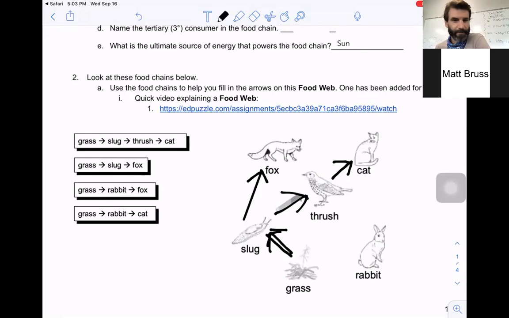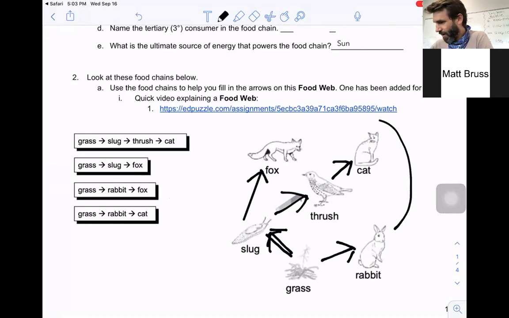And you can see the complexity increasing here. Now we move on to the third one. In this one, there's another animal that eats grass, and it's the rabbit. So energy also goes from grass to the rabbit. And in this one, the fox eats the rabbit. So we draw an arrow from the rabbit to the fox.